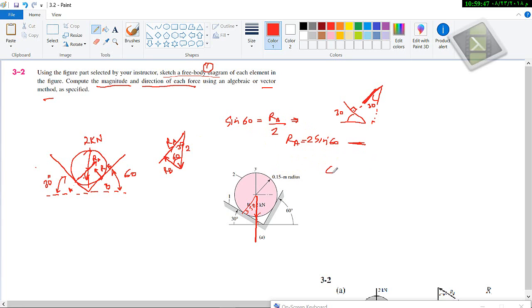Similarly, sine 30 is equal to the opposite, RB, over the hypotenuse, which is 2. In this case, RB is equal to 2 times sine 30. So we have this force and this reaction force. We are done. Of course, it will be in kilonewton.